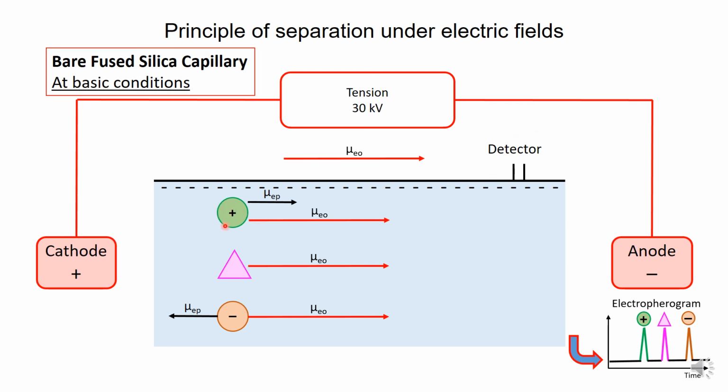I have the cation, of course, because the electrophoretic mobility and the electroosmotic mobility have the same direction. The neutral, because we have only the electroosmotic mobility, and then we can detect the compound. However, it is not possible to separate the neutral compounds. And the anionic compound, with the possibility to see the anionic compound if the electrophoretic mobility is lower than the electroosmotic mobility.